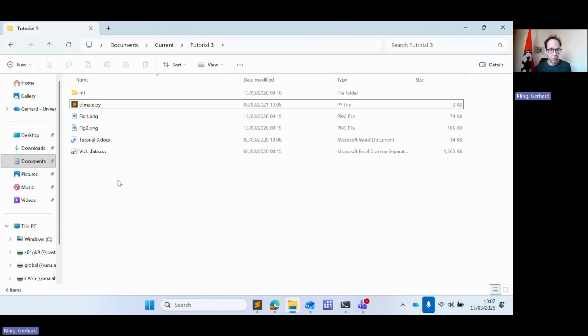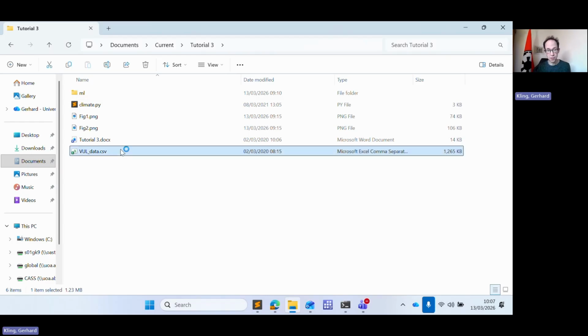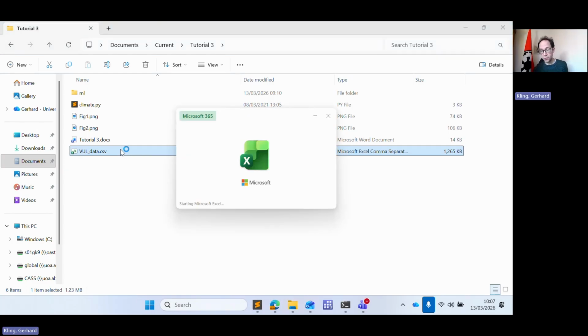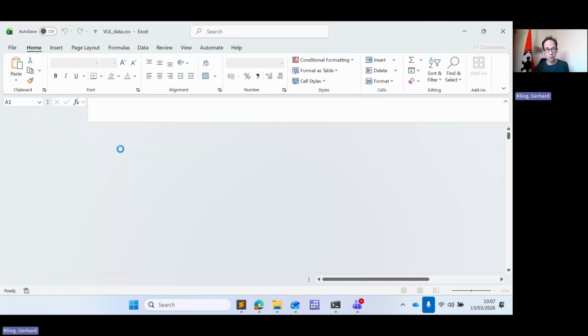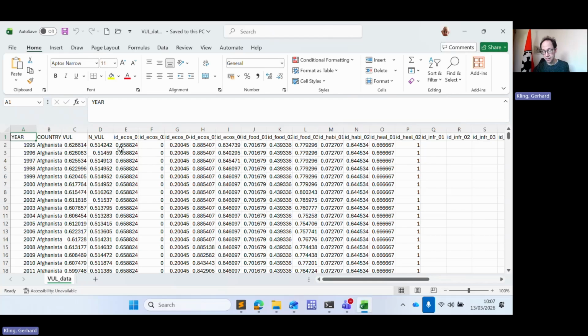So our data set refers to climate risk measures. So when you look at the data, we have a large number of variables. Now the data comes from the ND gain. ND gain stands for the Notre Dame Research Center on Climate Risk, and they compile a country-level measure of climate risk.